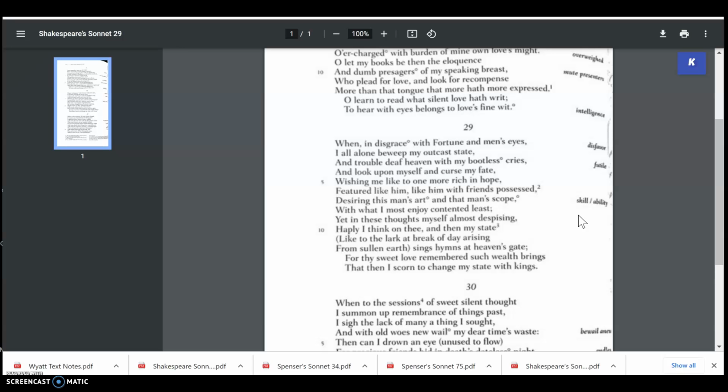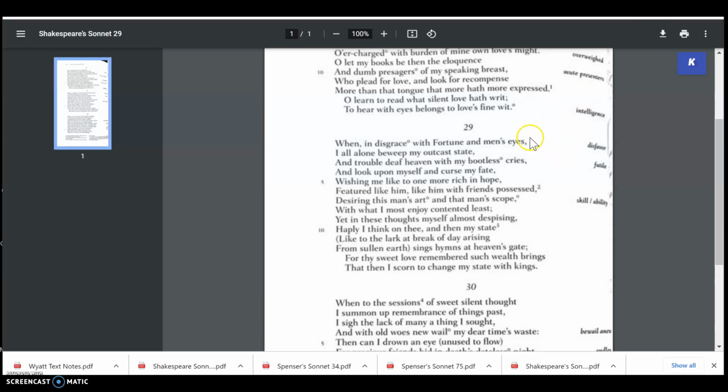The second syllable is stressed. So it's "when in disgrace with fortune in men's eyes": unstressed stress, unstressed stress, unstressed stress, unstressed stress, unstressed stress, all the way through.